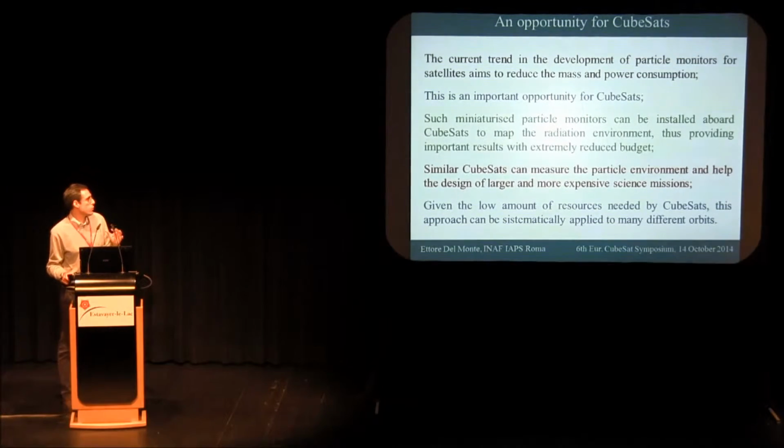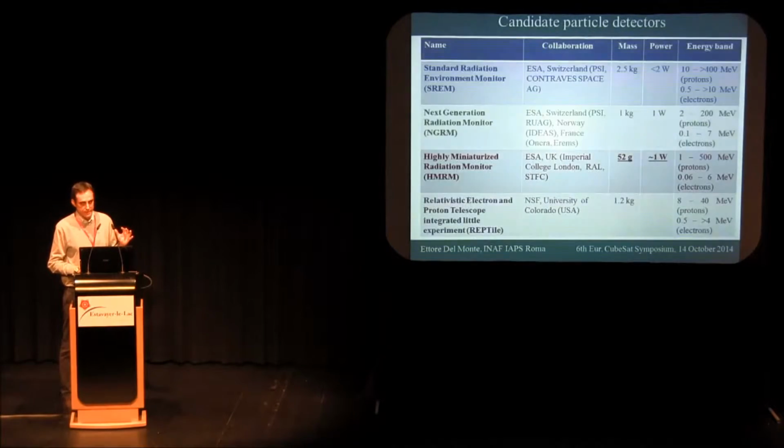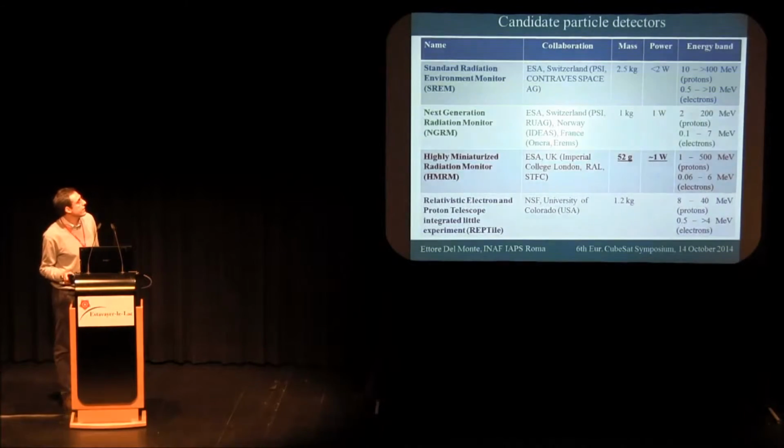Given the low amount of resources needed by CubeSats, this approach can be applied to many different orbits of interest. Here in this table I summarized the characteristics of some of these particle detectors that I have found, in order to show this trend toward miniaturization.